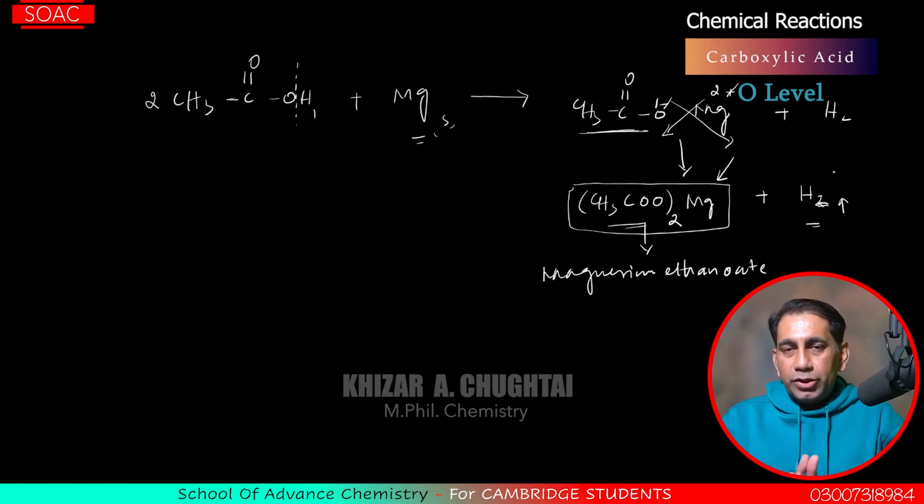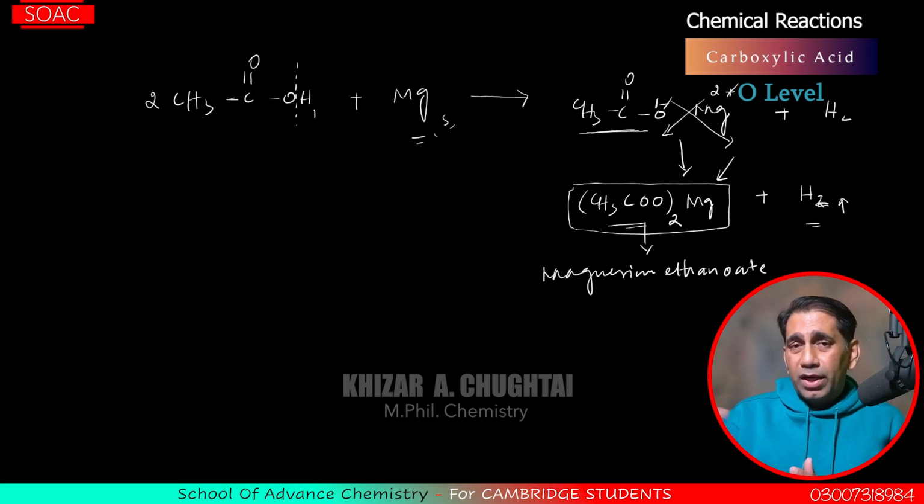This type of reaction is pretty similar for all types of carboxylic acid. Any carboxylic acid, if it is allowed to react with any metal that is more active than hydrogen, is supposed to make 2 things. Number 1, hydrogen. Number 2, salt.